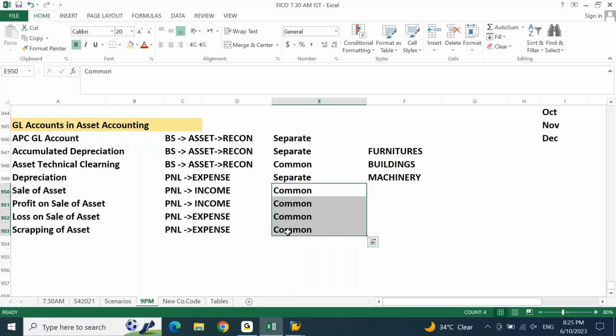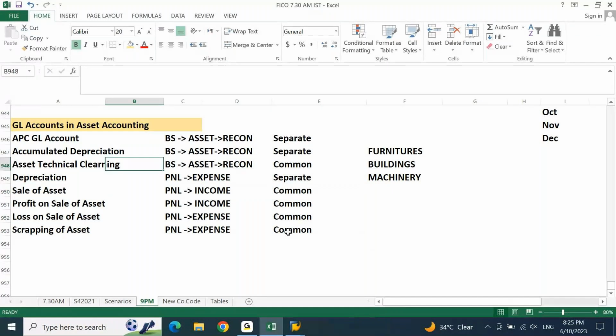Any question? Sir, the asset technical clearing account, how can it be an asset account? This you can create under anything.